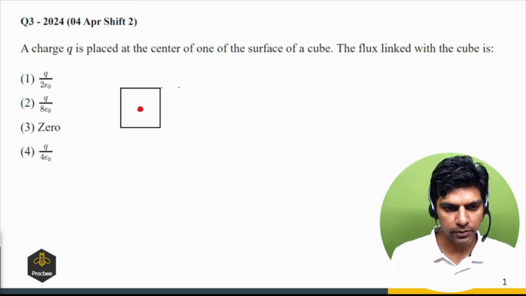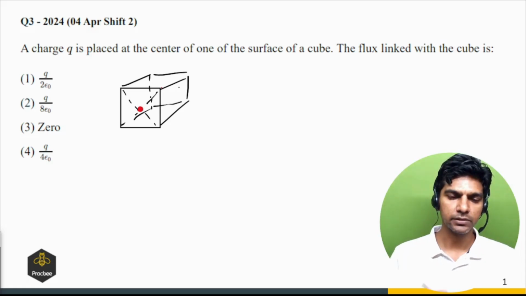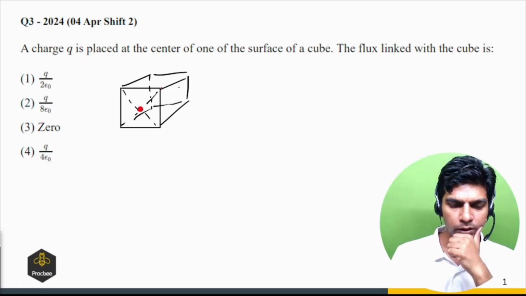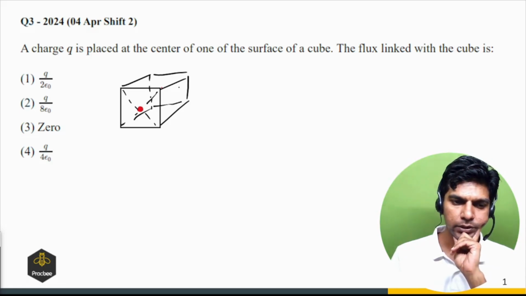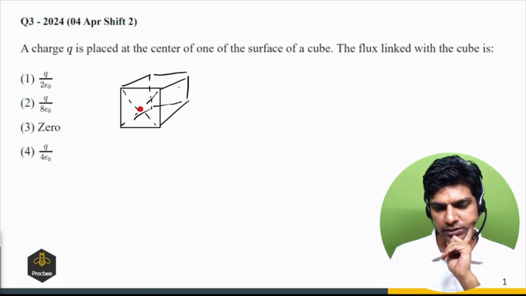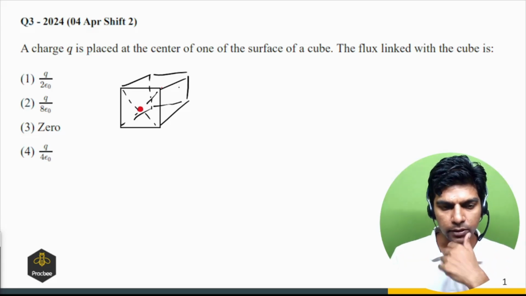So if I show the other faces of this cube, something like this, right? So we have to find the flux linked with the cube. So we can say there will be no flux linked with the face which contains the charge, right?